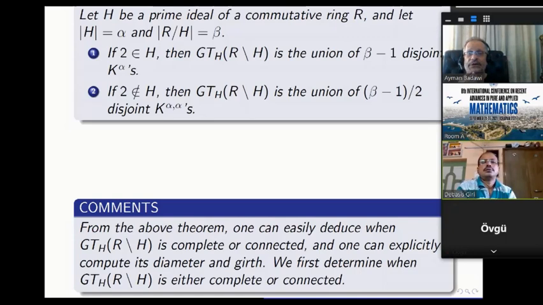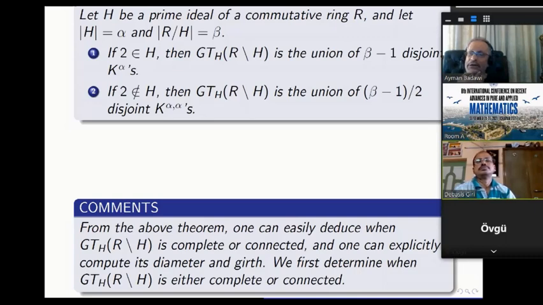If 2 is not an element in H, then the generalized total graph of R take away H, so I am looking at the subgraph of the generalized total graph that consists of all vertices of R that are not in H, then I know exactly how this graph looks. It is the union of beta minus 1 disjoint K alphas, where alpha is the cardinality of H. Usually in graph theory you write K indexed by alpha, but since these graphs are constructed from rings, we use alpha as an exponent.